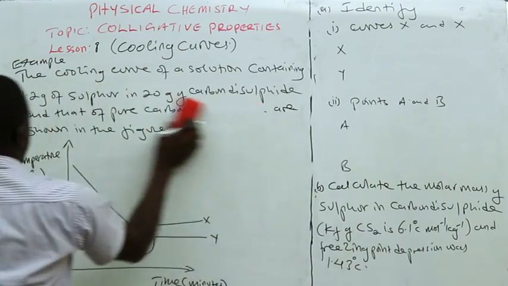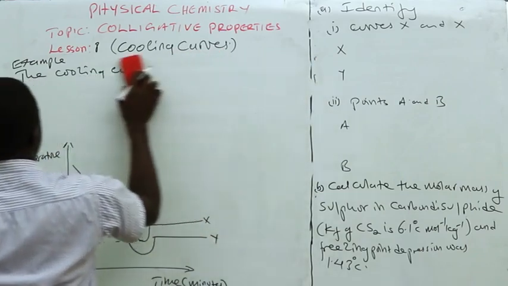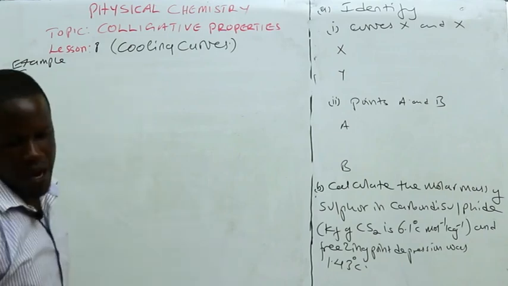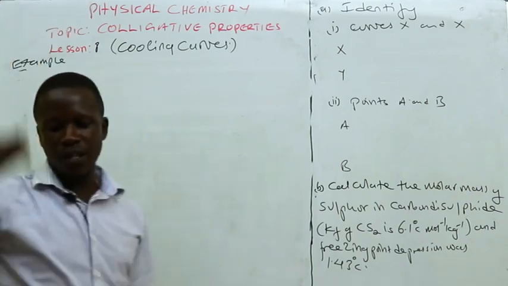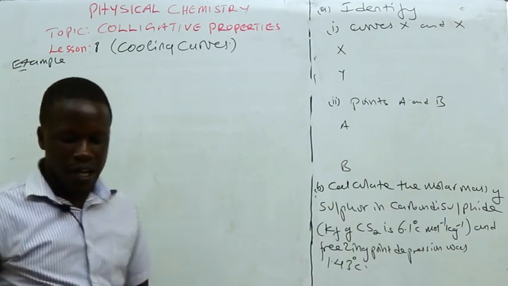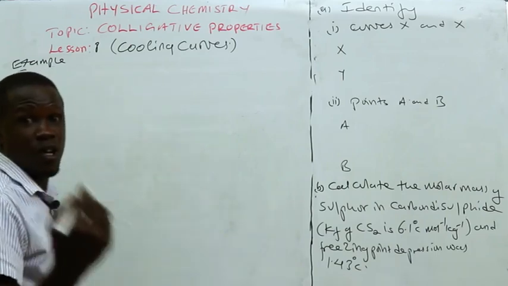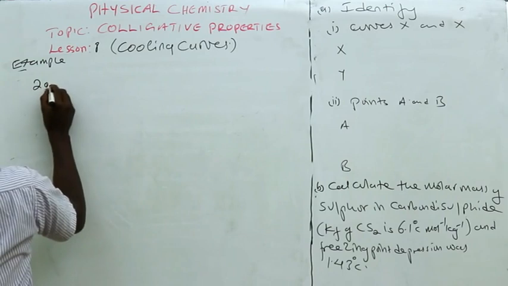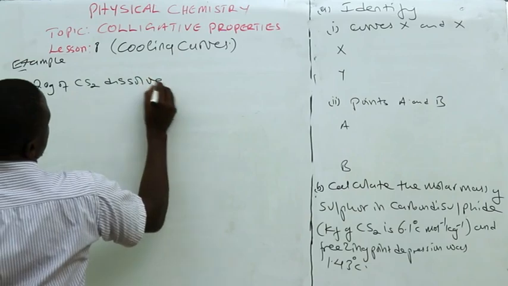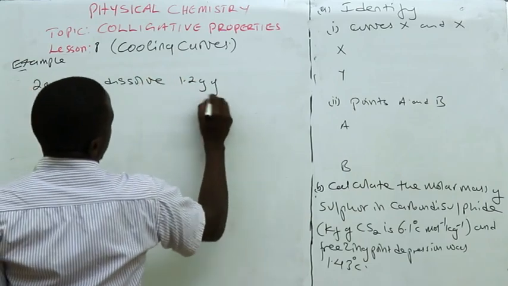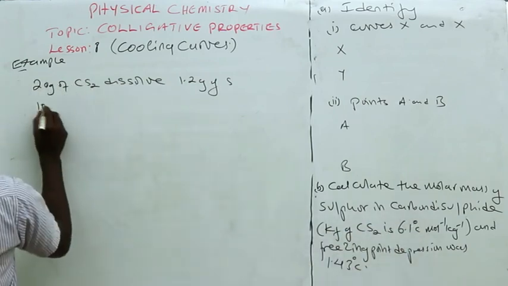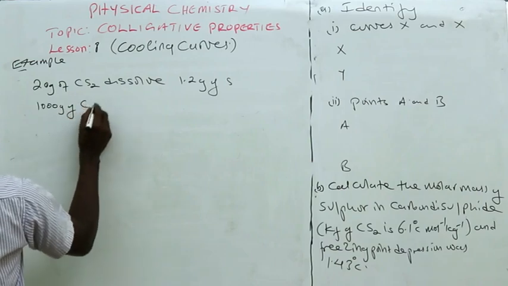Then my task would be to go to this calculation here. Remember the question started way back from 1.2 grams dissolved in 20 grams up there. So we can calculate this very fast by looking at what we've been doing. 20 grams of carbon disulfide dissolves 1.2 grams of sulfur. Because they have given us our Kf in per kilogram, we ask ourselves, what about 1,000 grams of carbon disulfide?